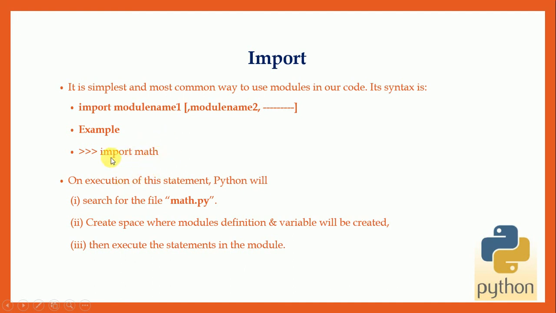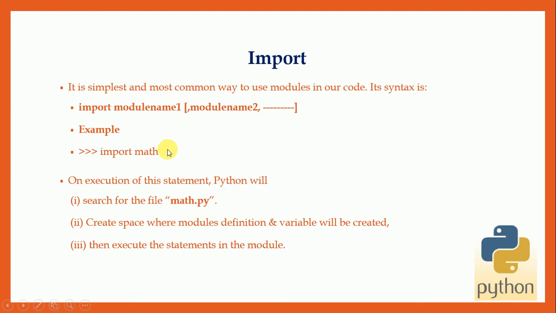On executing this statement, the Python interpreter will search for this math.py file. It will search where this math.py is, and it creates a space where all the functions and variables will be created. We'll check what functions and variables are inside it.